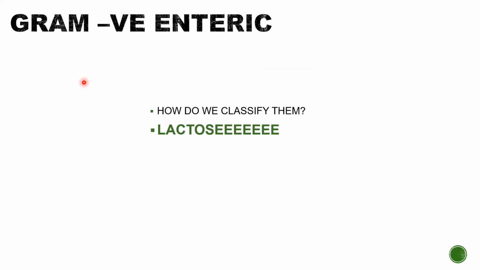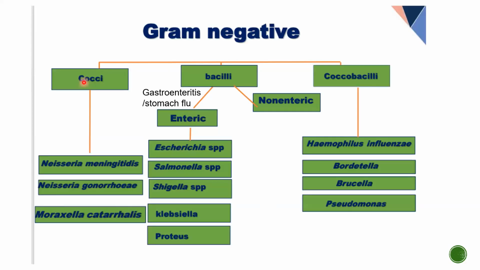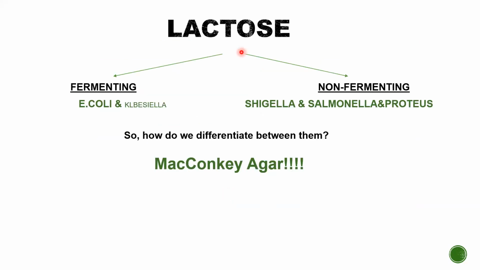Now, the way we classify gram-negative enteric ones is through lactose. So again, we have enteric and non-enteric. How do we classify the enteric ones? Based on lactose fermentation. They can either be lactose fermenting or non-lactose fermenting.